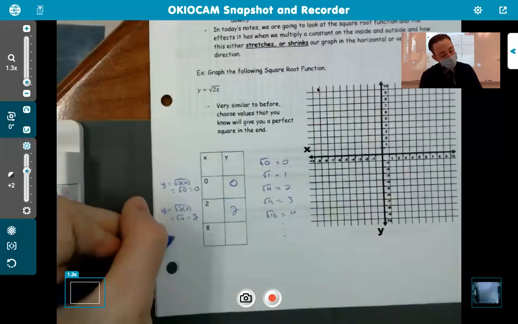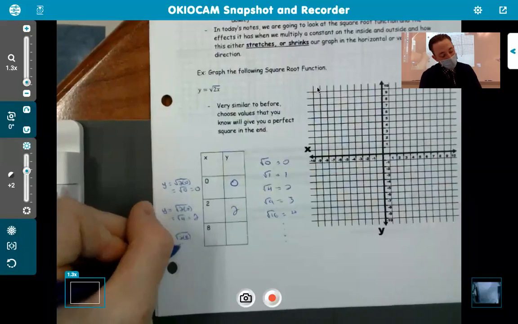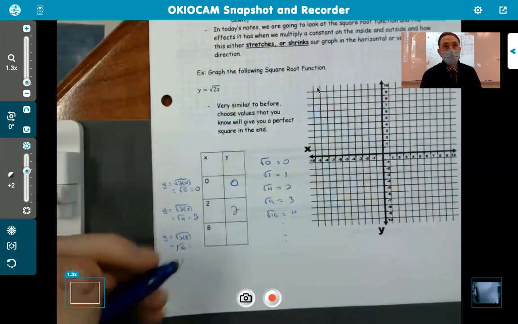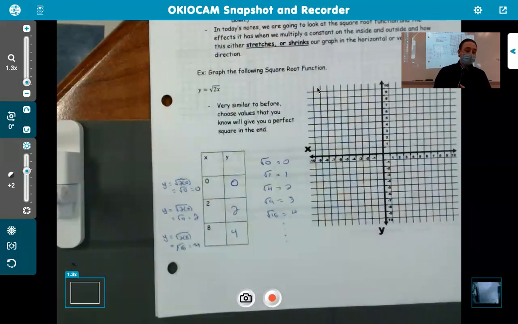Next one, square root of 2 times 8. Well, that's the square root of 16. And what's the square root of 16? 4. Right? So there's, again, some strategy behind the values that I choose to make sure I have a perfect square. Any questions about how I found those values?